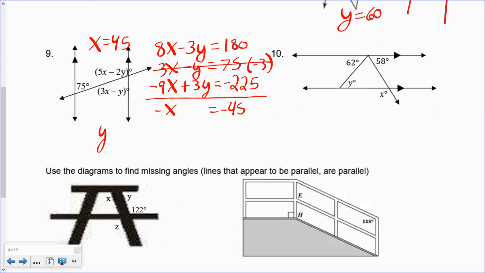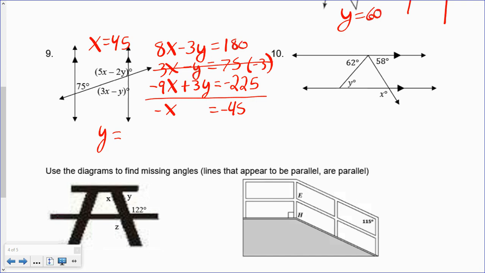There are other ways. There's 8 times 45. What is 180 minus 360?